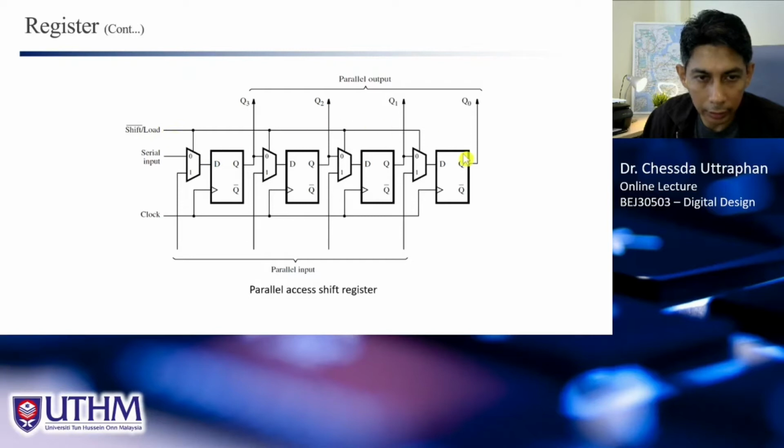So if we look at the circuit here, when this signal is equal to 0, or the shift is active, it means that the input to this flip-flop is from this. So it will go to this.